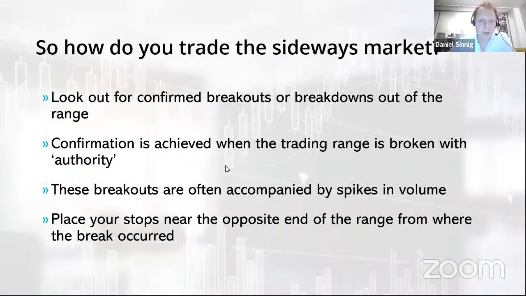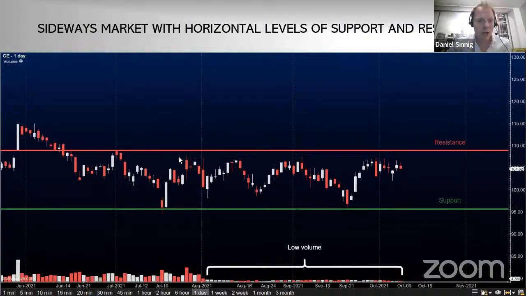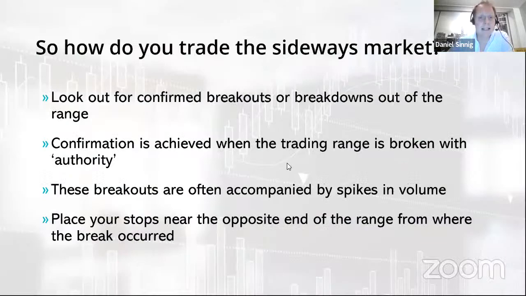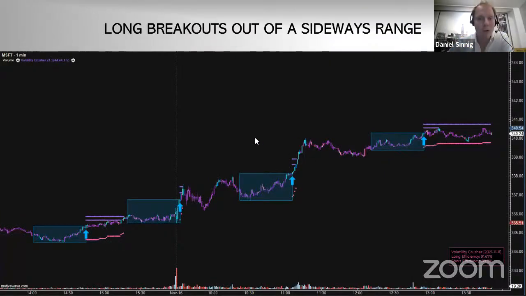Of course, the sideways market can also be traded, and there are many ways it can be traded. One way could be to short the market as we're approaching levels of resistance, or go long as you're approaching levels of support. Another way is to look for breakouts. This is a screenshot which uses our volatility crusher indicator, which spots exactly these breakouts out of a sideways consolidation.